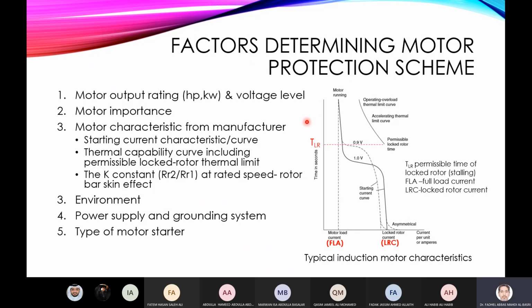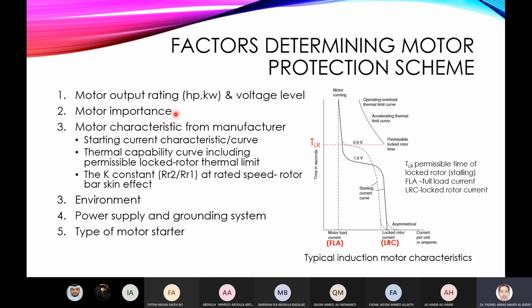These settings or protection schemes vary depending on various factors, and what types of protection I have to provide depends on them. There are five factors we have to consider. First is the size, the rating of the motor, and the voltage level. The higher the size and the higher the voltage, the more protection functions are normally required.